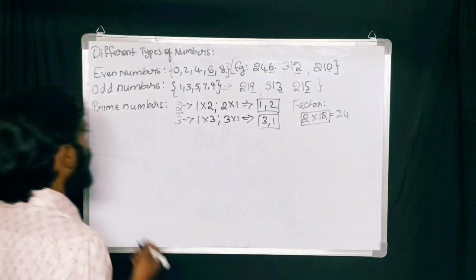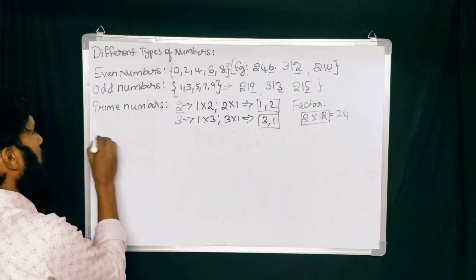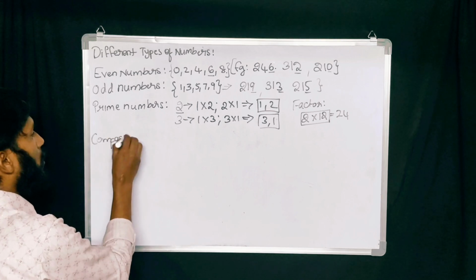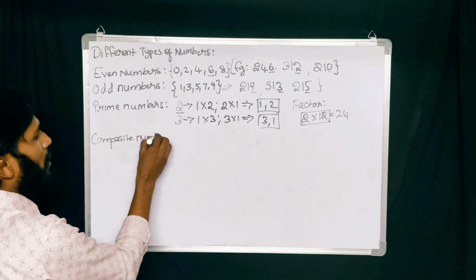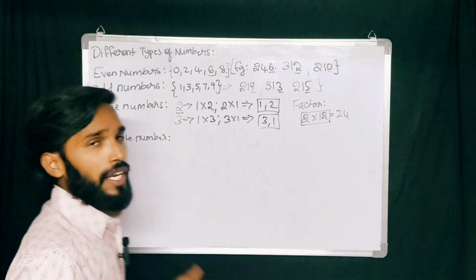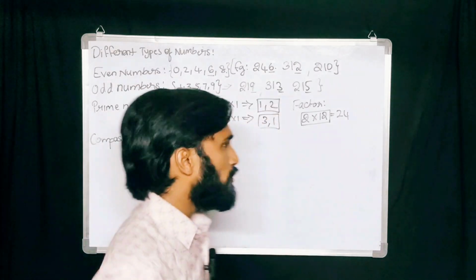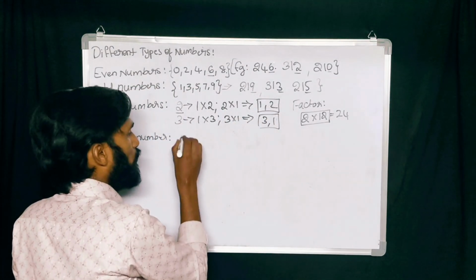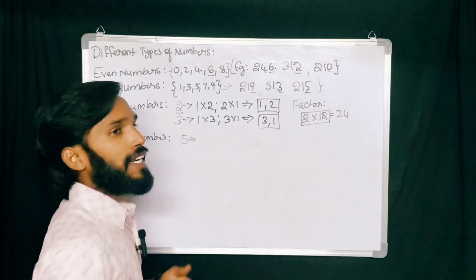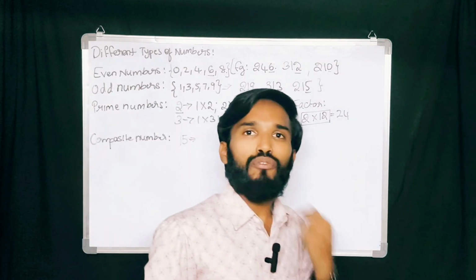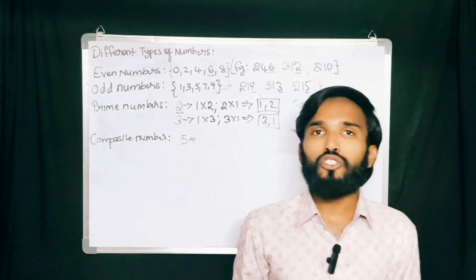Now let us move to the next type, which is composite numbers. A number having more than two factors is called a composite number. For example, take the number 15. What are the factors of 15? On multiplying which numbers will you get 15?